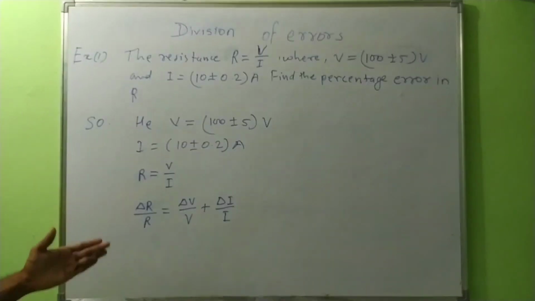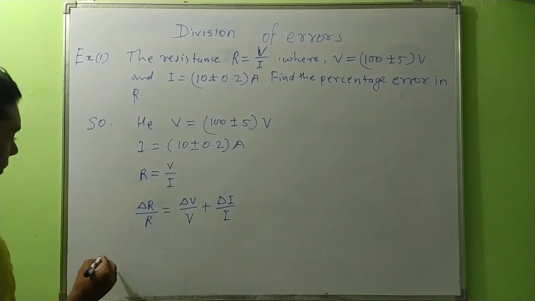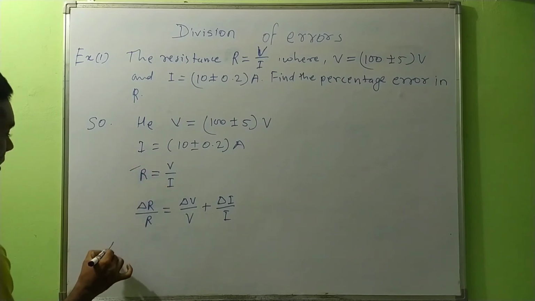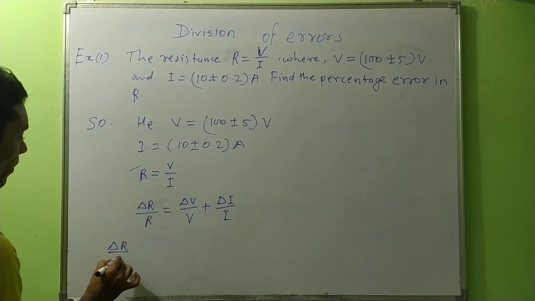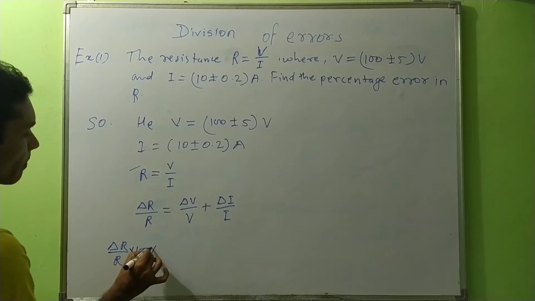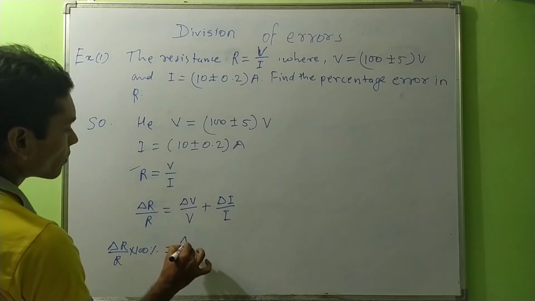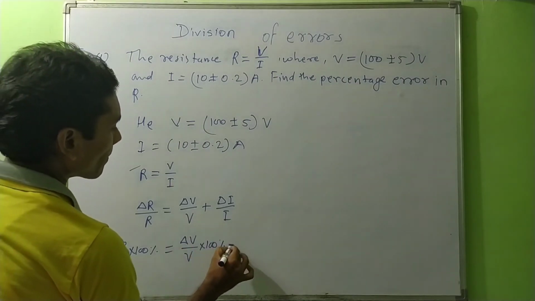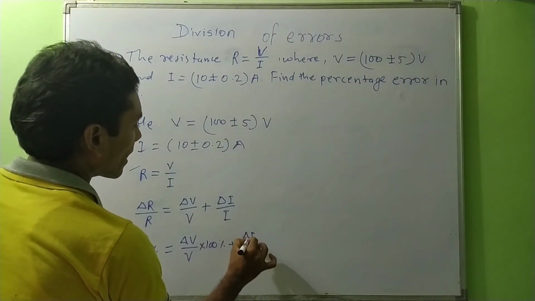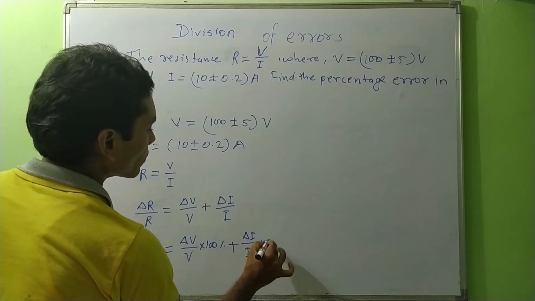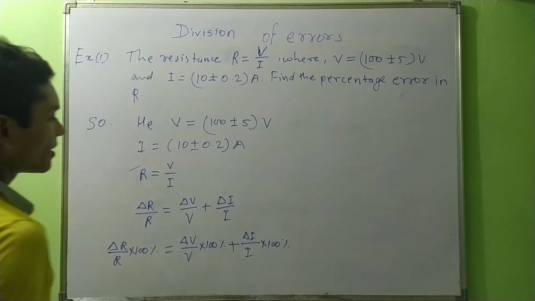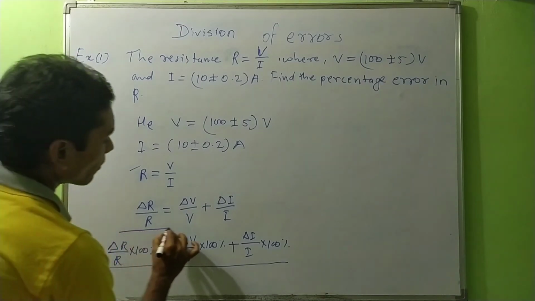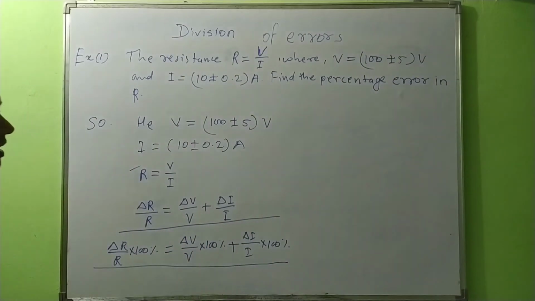This is the relative error. And what will be the percentage error? The formula of percentage error for the resistance will be ΔR/R into 100% equal to ΔV/V into 100% plus ΔI/I into 100%. This is the formula of percentage error and this is the formula of relative error.